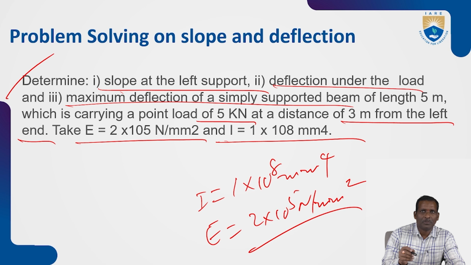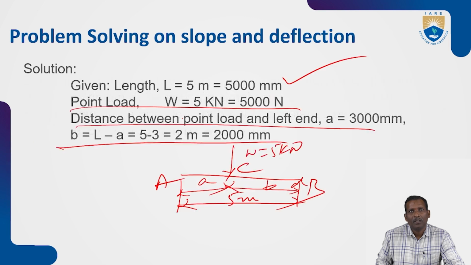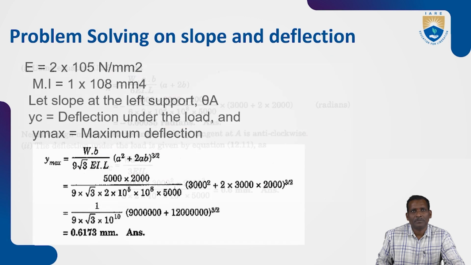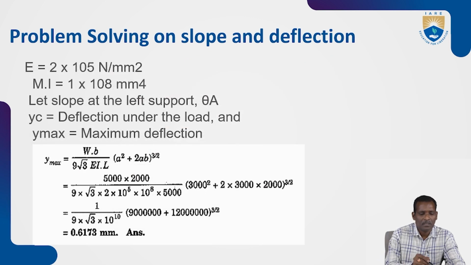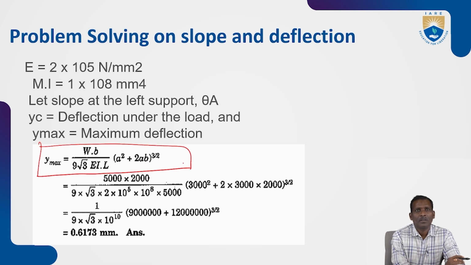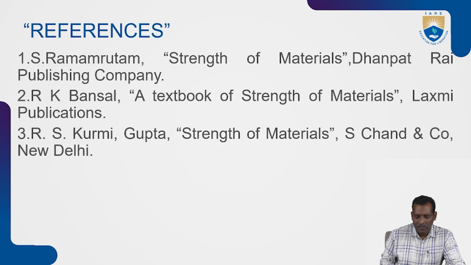So the slope at the left support is completed and the deflection under the load is completed, and now the maximum deflection of a simply supported beam. The maximum deflection equation needs to be used. What is the equation here?